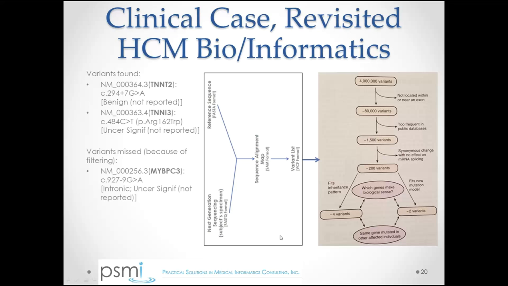If you remember, we have our patient with hypertrophic cardiomyopathy, and our conclusion at the time of analysis was presumed familial hypertrophic cardiomyopathy, but specific pathogenic mutation unknown. There was a variant found that was benign, so it wasn't reported. There was a variant found that was of uncertain significance that wasn't reported. And then there was a variant missed because of filtering.